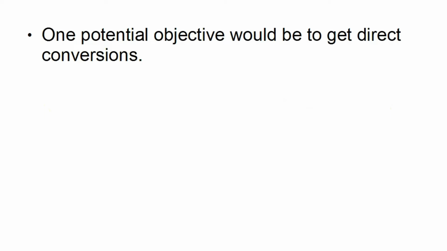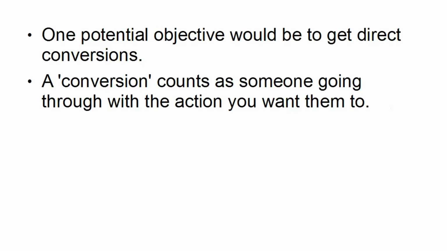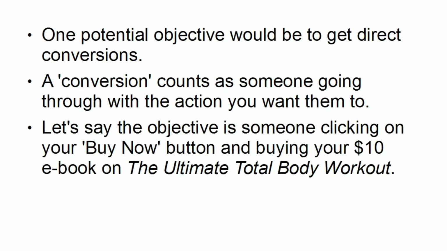Now, one potential objective would be to get direct conversions. And a conversion counts as someone going through the action that you want them to. So let's say the objective is someone clicking on your Buy Now button and buying your $10 ebook on the ultimate total body workout.